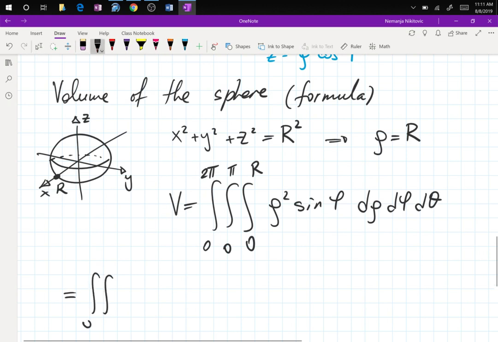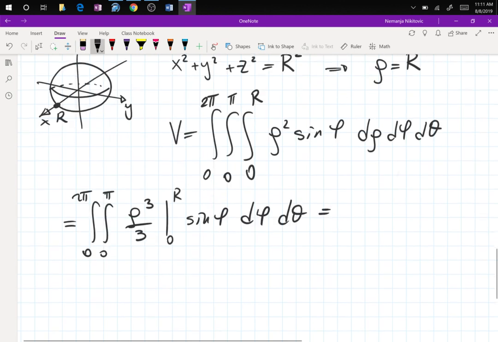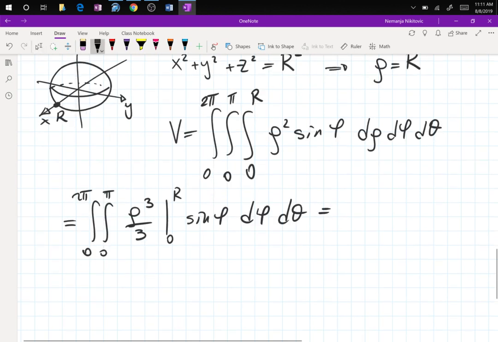So we have the inner integral to give us rho cubed over 3 from 0 to capital R. And then we still have sine phi, d theta. This will give us now double integral 2 pi and pi.